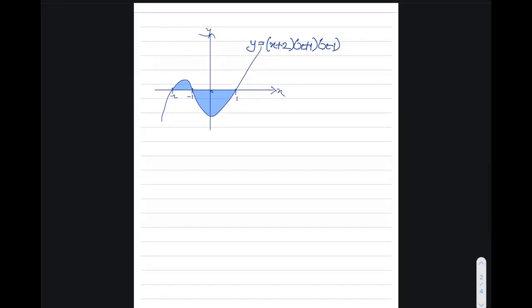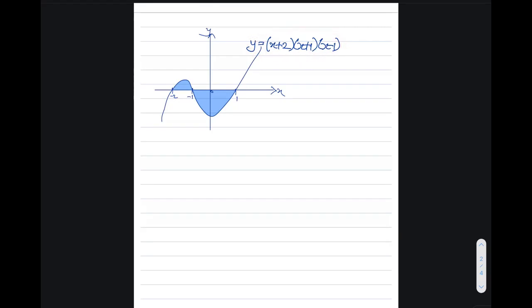If it is negative, it's just because it is below the x-axis. The same thing will happen here. For this part, we are going to get a positive answer. This we will get a negative answer, but we will ignore the negative and work with the positive value. Whenever you are given a curve that has already been factorized, it is your job to expand this.